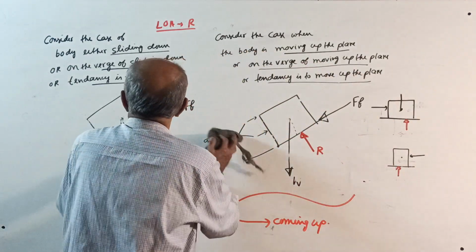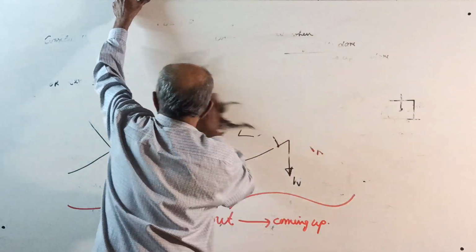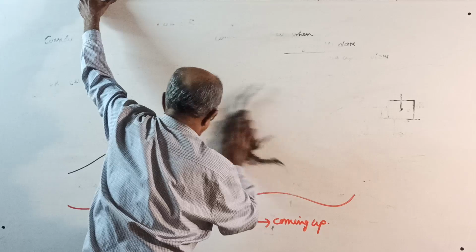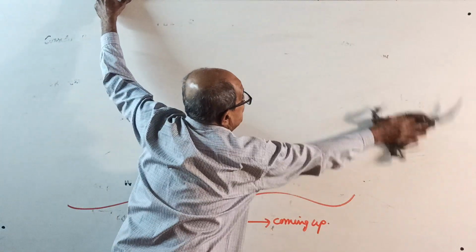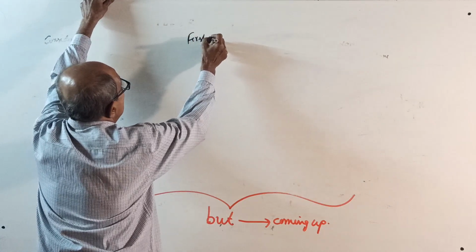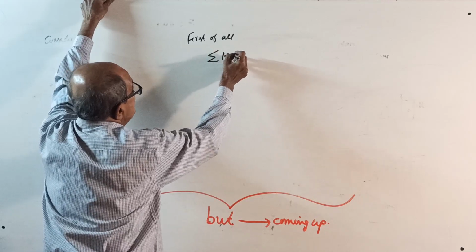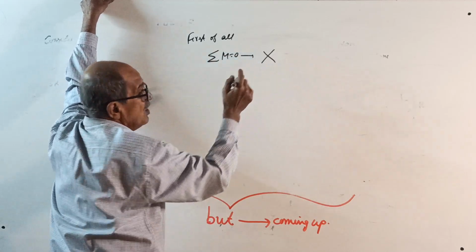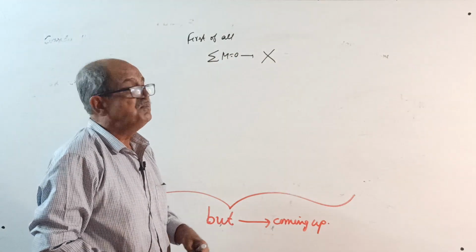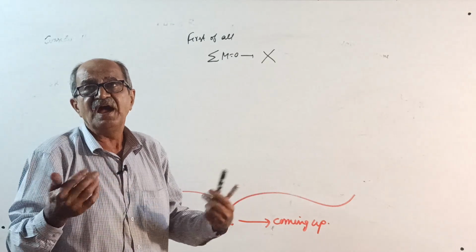See, this is all for understanding. What comes now is, make a note. First of all, sigma M equal to 0, we are not applying for these cases. By applying sigma M equal to 0, you cannot find any unknown reaction.